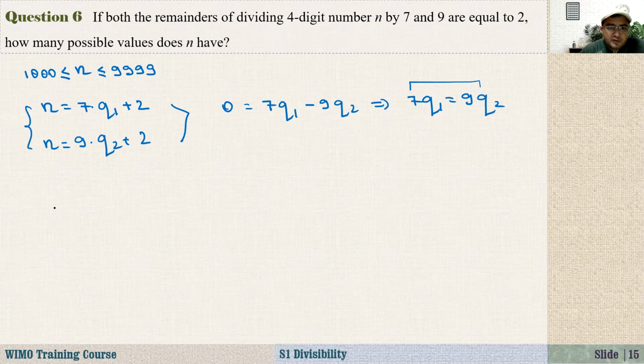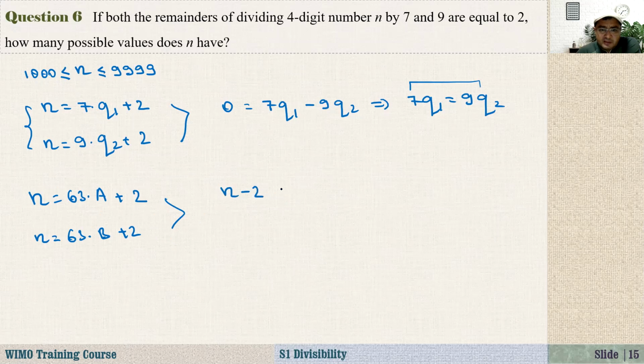That means I can write n is equal to 63 times some a plus 2, and this n is equal to 63 times some b plus 2, right? Now from here, what is n? So that means n minus 2 is divisible by 63 and some k, right? I think not, since it is 63, because it's the same number. So that means I need to write it like this.